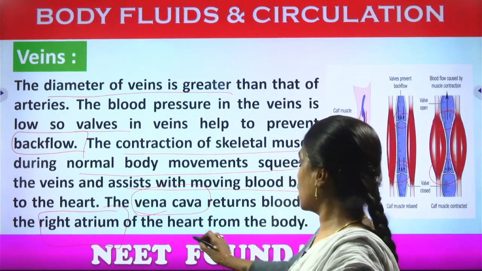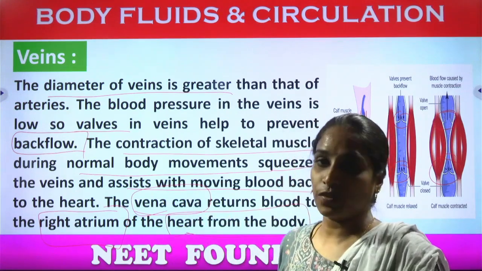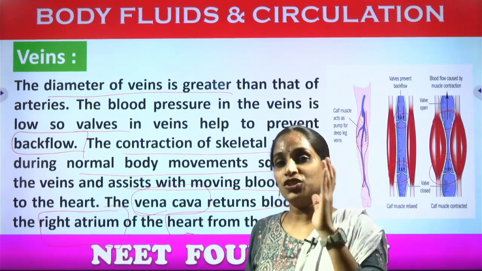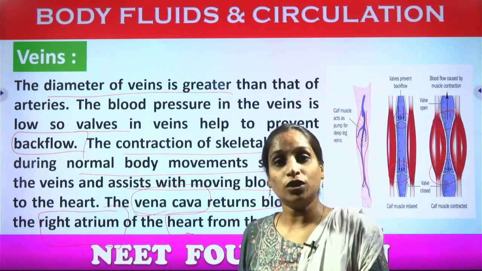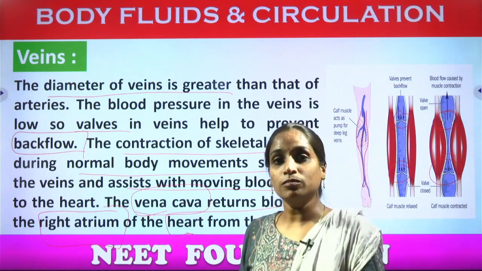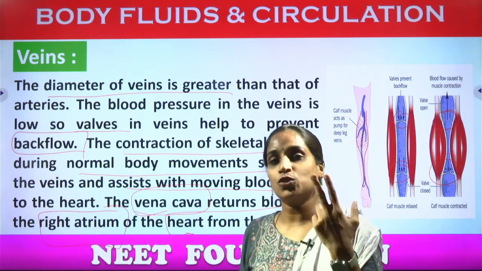Okay, from the body parts to the heart: each and every body is made by a group of tissues. Each and every tissue is made by a group of cells. Each and every cell undergoes the basic life processes and metabolic activities. So they produce two kinds of products.